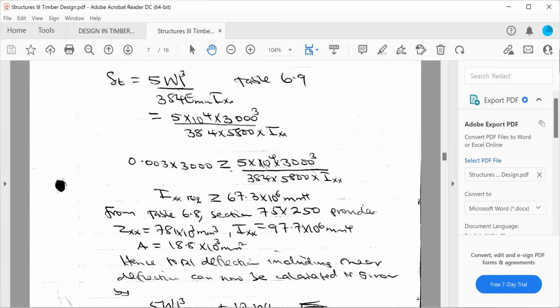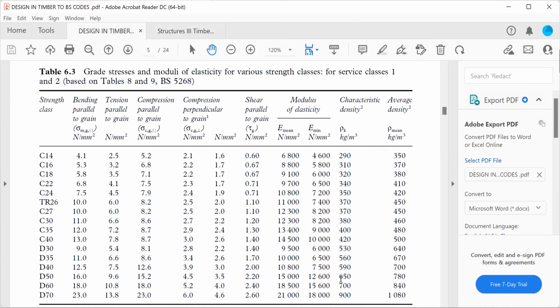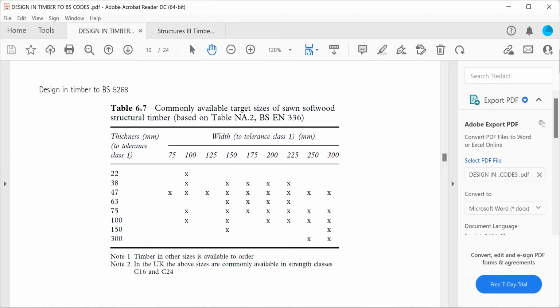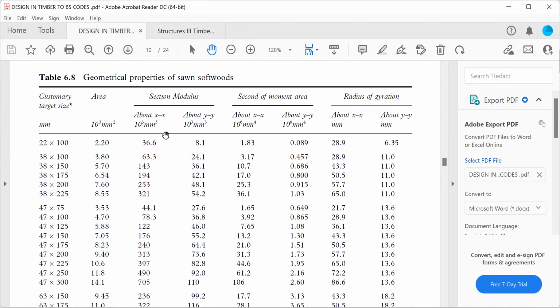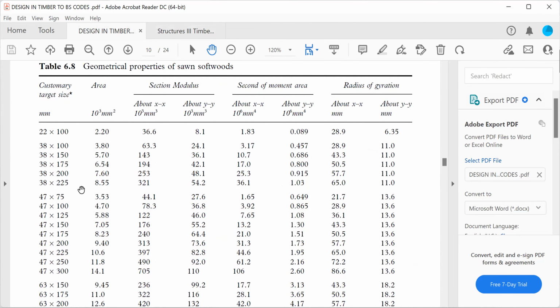So I'll come to the table. We go on page 10. So this is our table here. We have a section, what we call customary size.